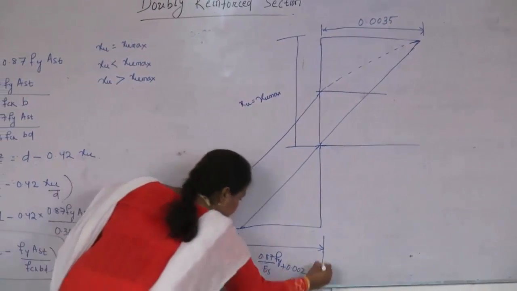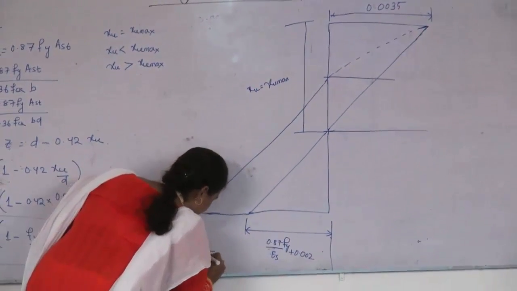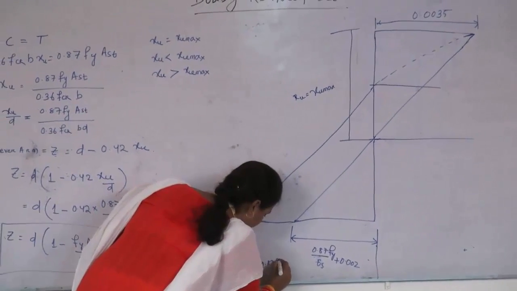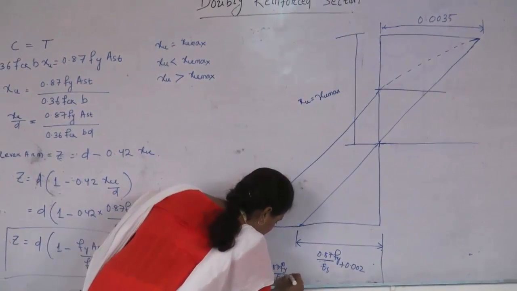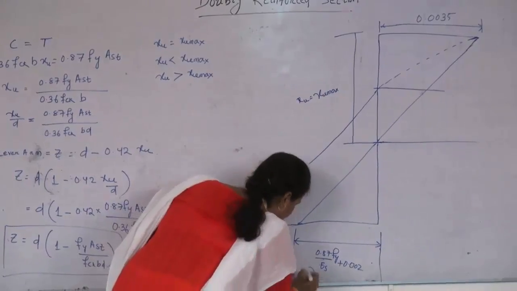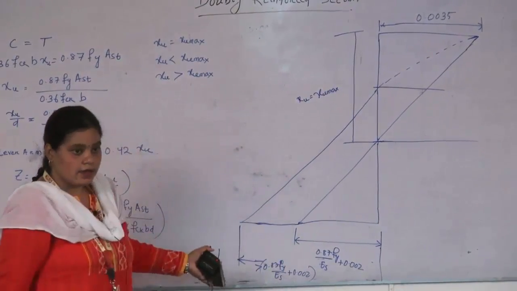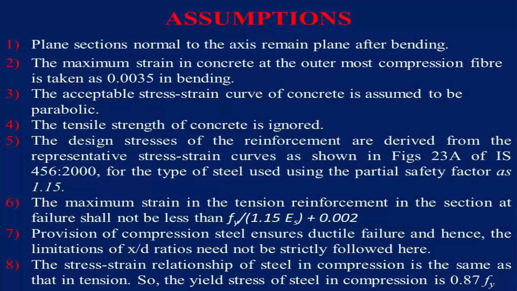Which assumptions does this diagram satisfy?